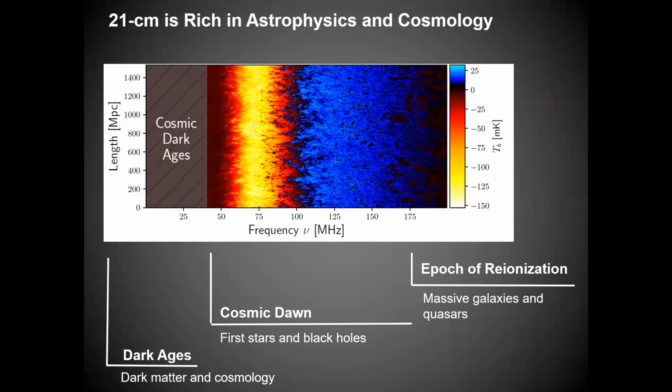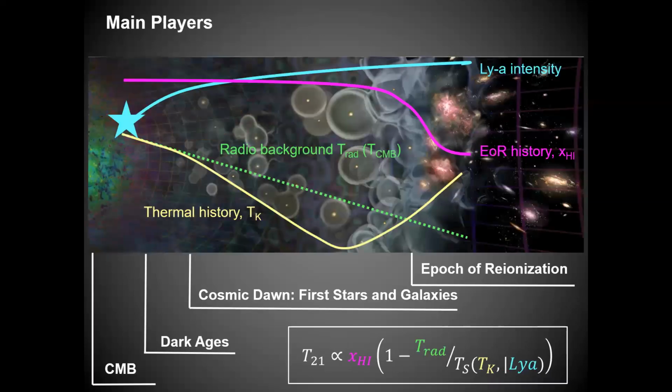And the T_b, what does it mean when it's negative? When T_b is negative, does that mean the 21 centimeter is absorbed? Yes, exactly. When it's negative, it means we're in the regime where gas is colder than radiation.